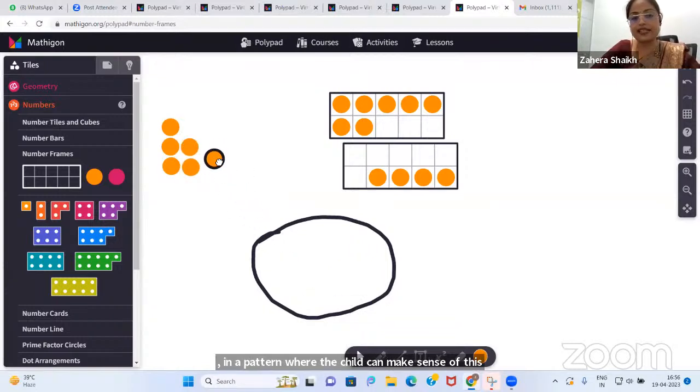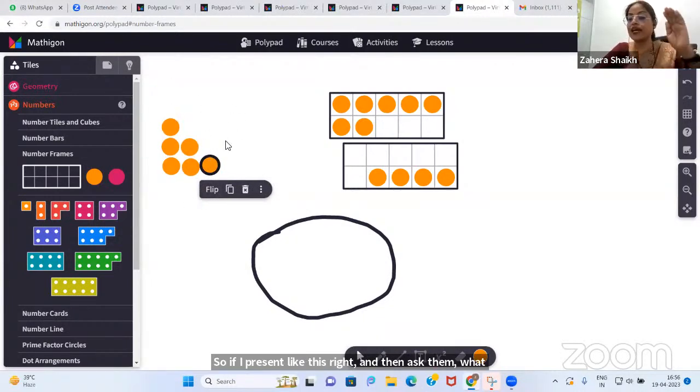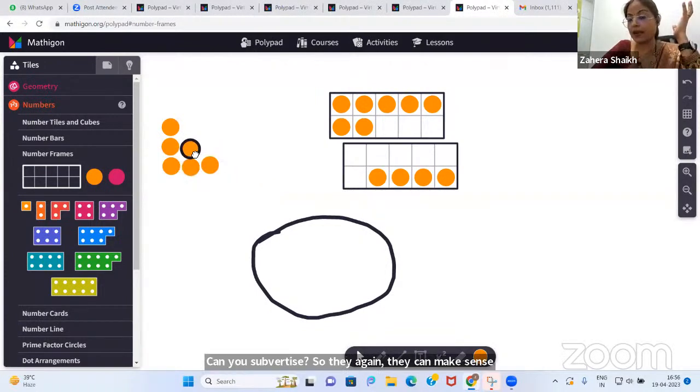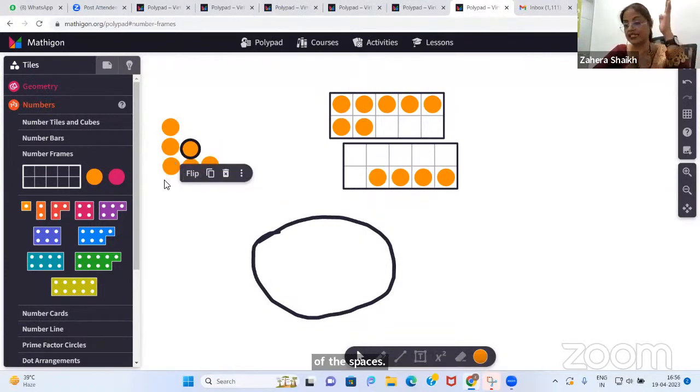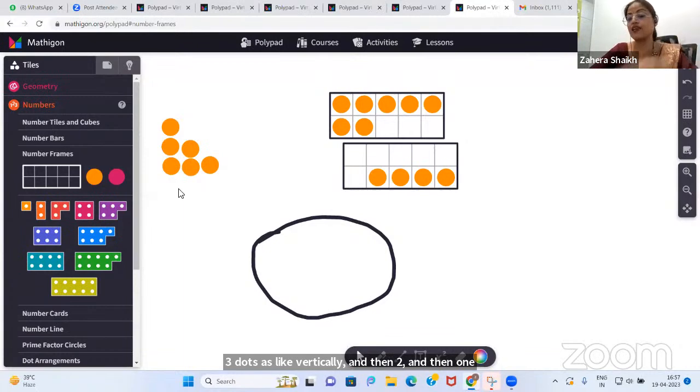So if I present it like this and ask them what the number is, can you subitize? They can make sense of the spaces where the dots are kept, and they can tell you that I can see 3 dots vertically, and then 2 and then 1, altogether 6. Or they can visualize 3 dots horizontally and then 2 above and then 1.